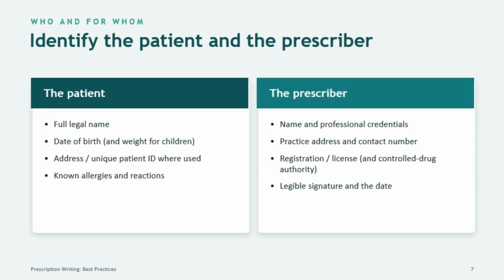For the prescriber, that's your name and credentials, your practice address and contact number, your registration or license, including controlled drug authority, where it applies, and a legible signature with the date. These details aren't bureaucracy, they're what lets a pharmacist verify and, if needed, reach you.